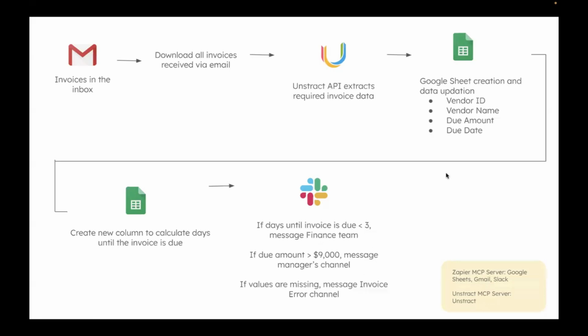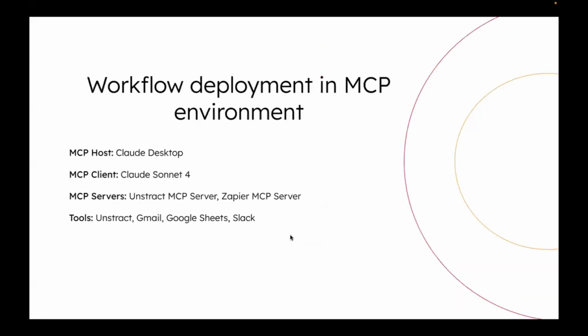So this entire workflow is designed to be run in the MCP environment. We'll be using Claude Desktop, as I mentioned earlier. For this to run, we would be using the Zapier MCP server for Google Sheets, Gmail, and Slack, and the Unstract MCP server for accessing the Unstract tool. This again gives you an overview of how this setup is done.